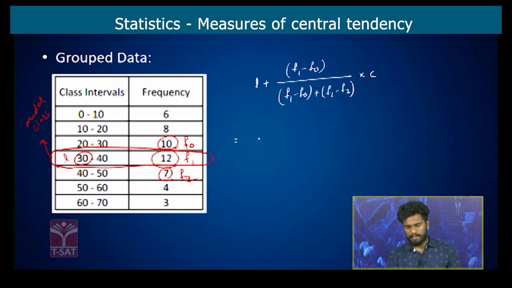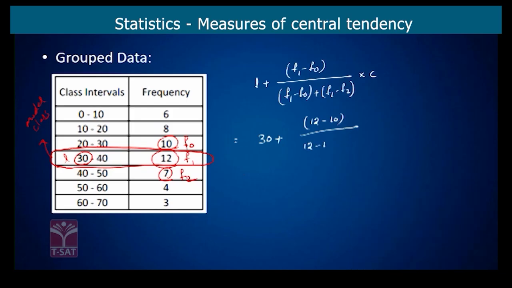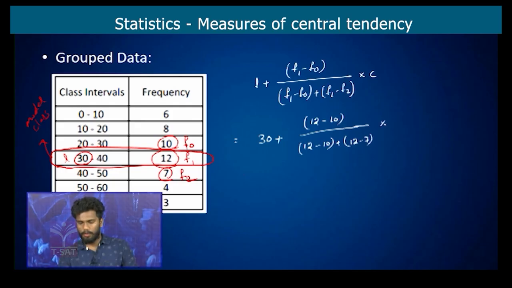So for this problem it is 30 plus 12 minus f0, which is 10, divided by 12 minus 10 plus 12 minus 7, into the width of the class interval, that is 10.